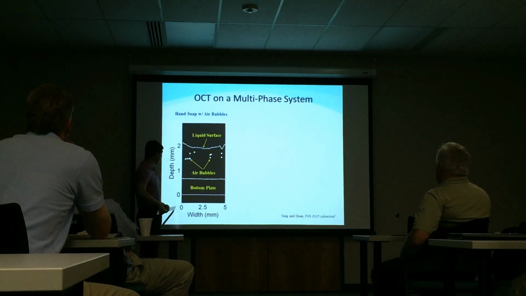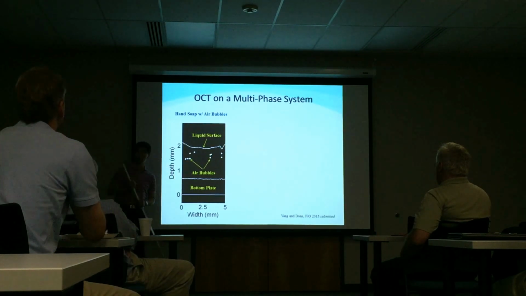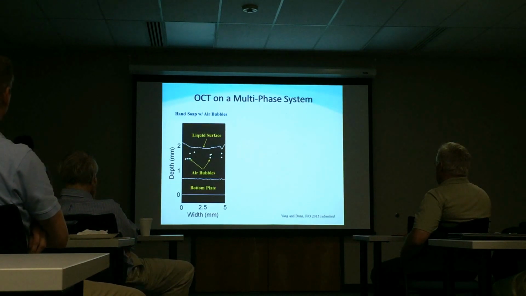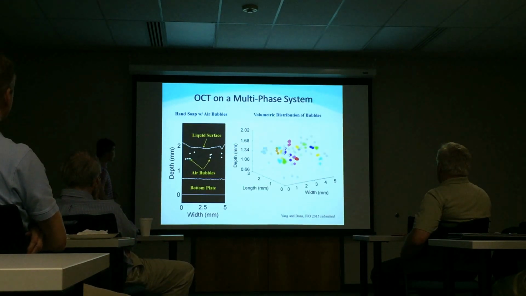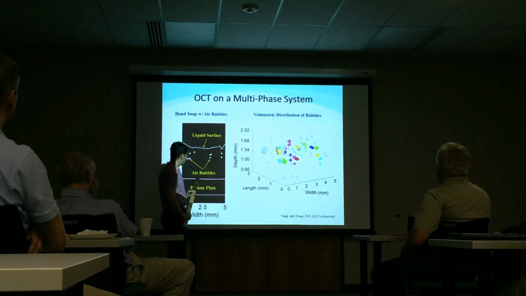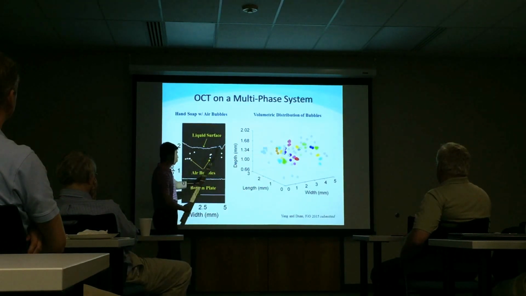Now this is two-dimensional. What we can also do is scan X and Y, which creates a three-dimensional picture. So that's what we have here. I basically just drew this model where we have these bubbles.